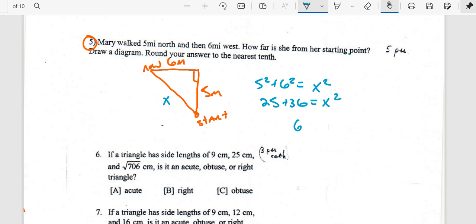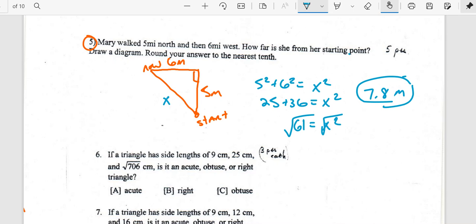It's going to be 61 equals x squared. Square root of 61 is 7.8. All right, let's move down to the next one.